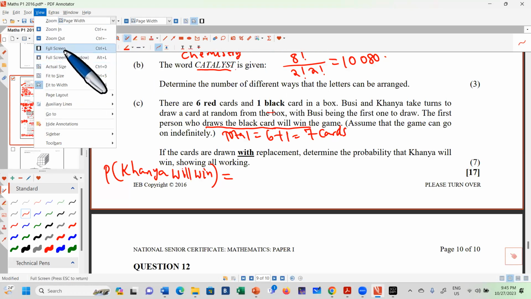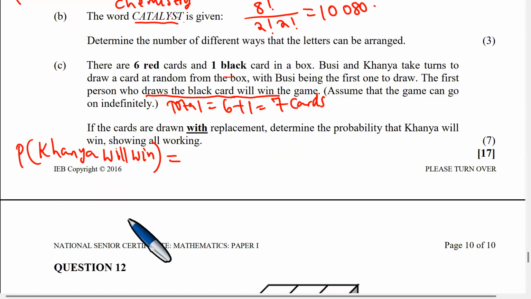Just full attention. Look, if the cards are drawn with replacement, determine the probability that Kanye will win.